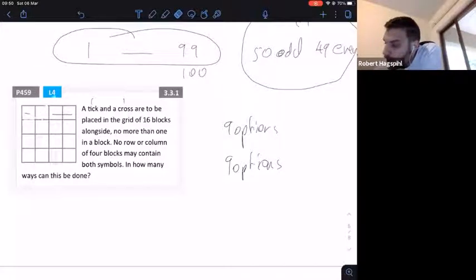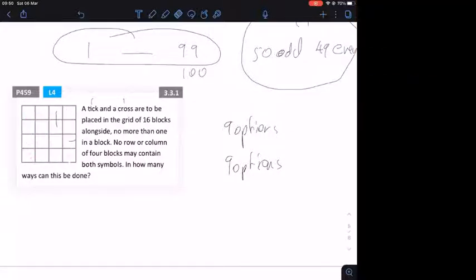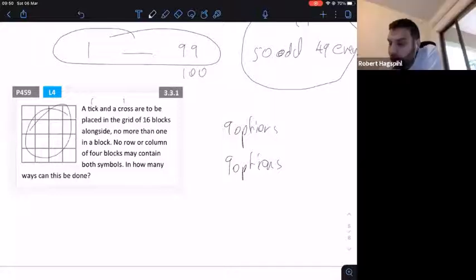And if I place the tick here, I'm not allowed to put it there, and I'm not allowed to put it there. Is everybody with me? How many options are left? There's 9 options left. All right, so every place that I put a tick, I've got 9 options left. And so how many places can I put the tick? Well, there's 16 total blocks where I can.